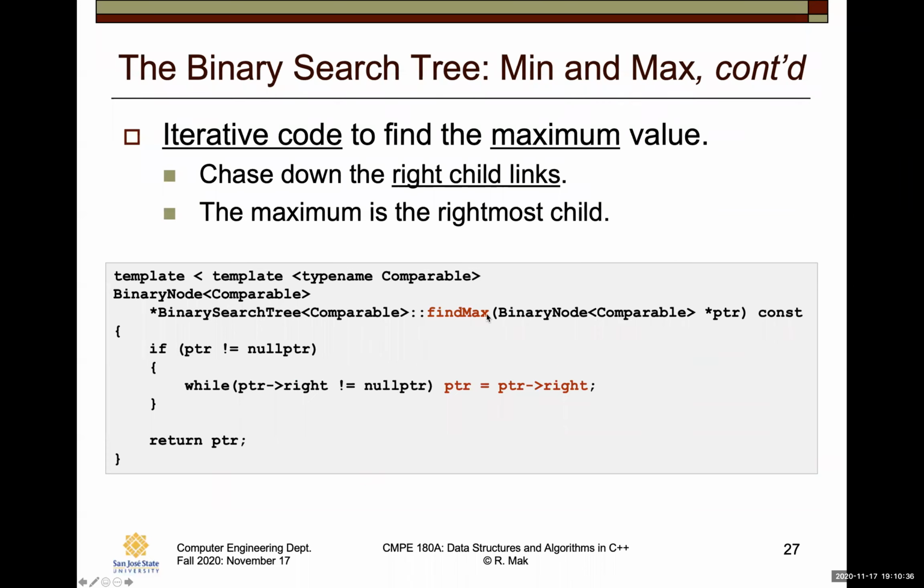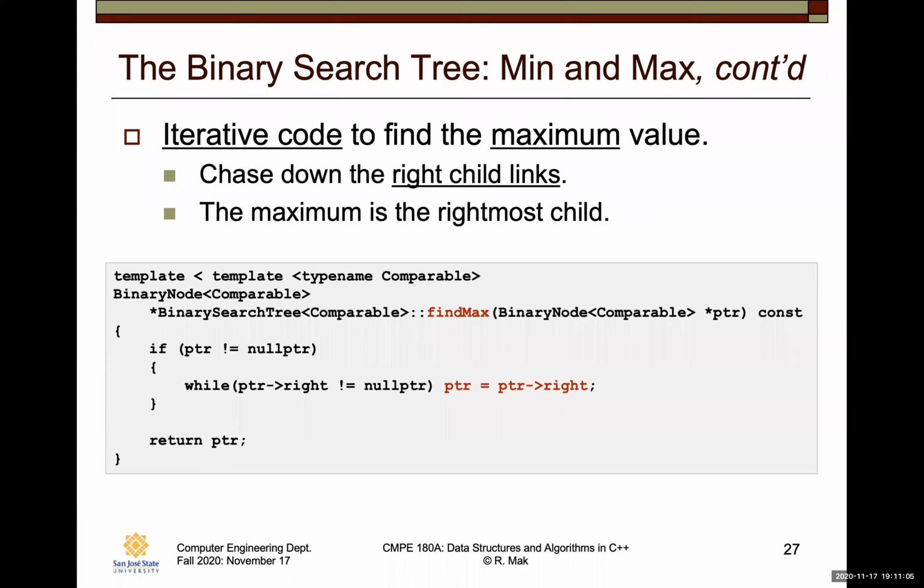Here's the definition of find max. Let's take a look at how we define it. First of all, what is the return value of find max? It has to be a pointer to a node, and the data type of that node is a binary node parameterized by comparable.